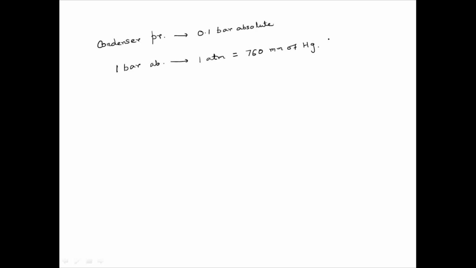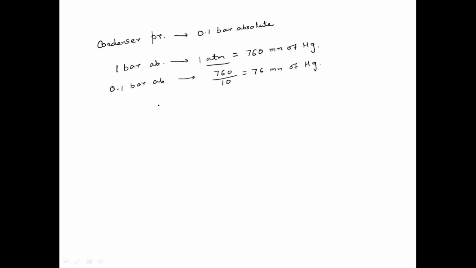You will get this from the Torricelli equation, but I am just giving you the scope. 1 atmospheric pressure is 760 mm of Hg, or 1 bar absolute. That is the same thing. So 0.1 bar absolute is nothing but 760 divided by 10, so 76 mm of Hg. That is the absolute pressure.